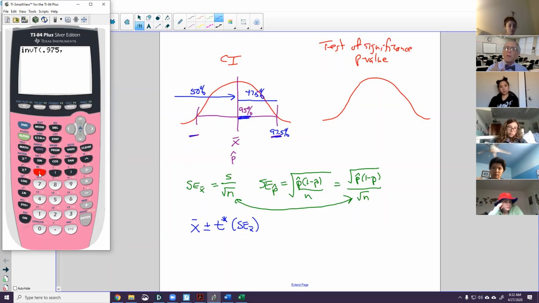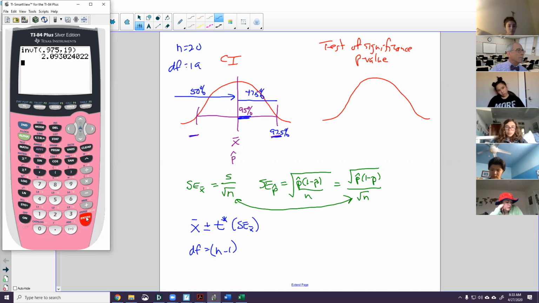When I'm dealing with a t-score, I have to put in my degrees of freedom. The degrees of freedom, which we annotate by df, is equal to n minus 1. Let's say in this example, I'm just making this up, that n was equal to 20. That means my degrees of freedom is 19. So I put in here, comma, 19, and I close the parentheses, and I hit enter.